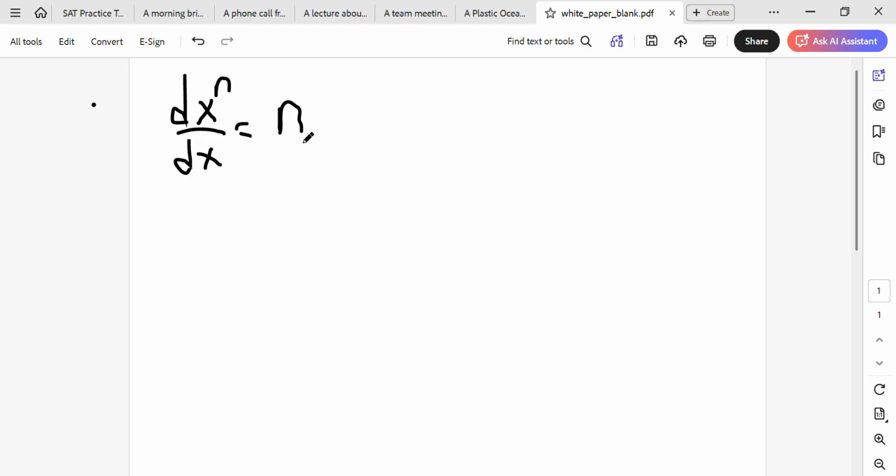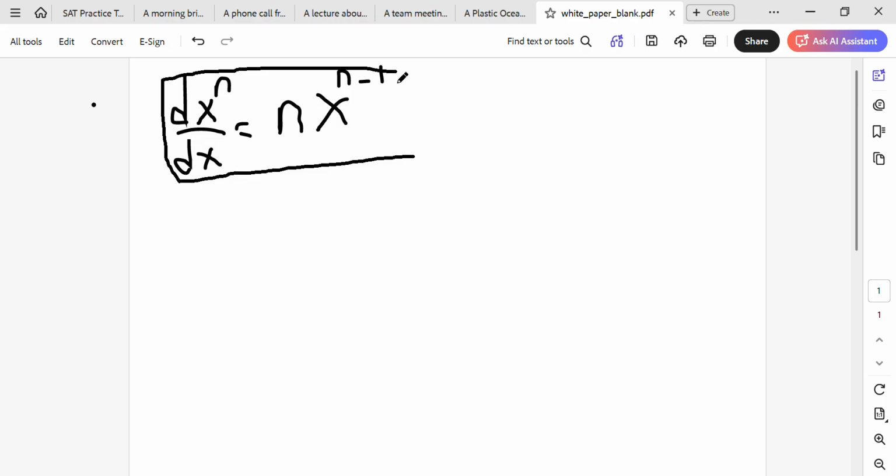That will be n multiplied by x, the same base, and instead of being raised to the power n, it will be raised to n minus 1. That is, in a simple meaning, how we look for the derivative of any function.